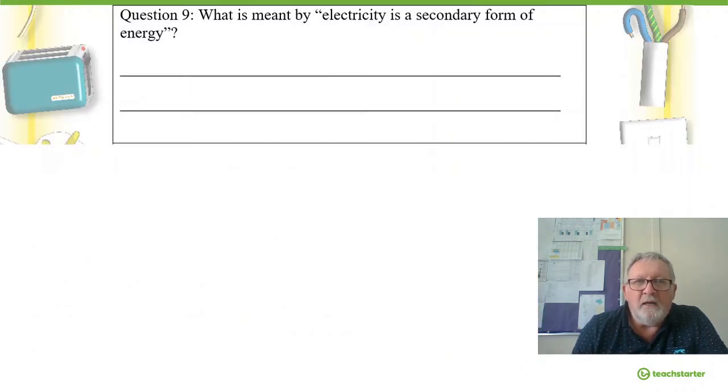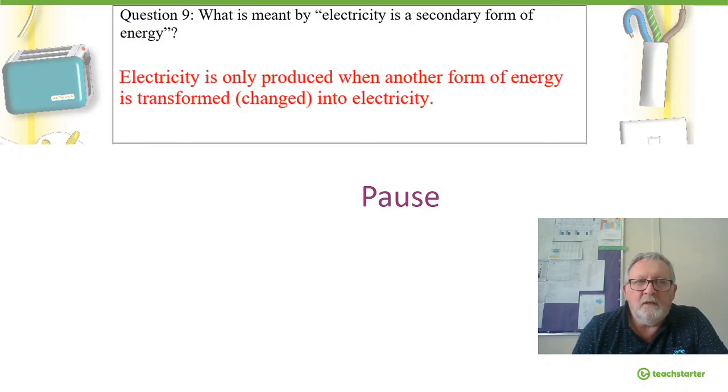All right, let's look at the question. What is meant by electricity is a secondary form of energy? Now that's a bit harder. So I hope you took note of what we said there and developed your understanding. Pause the video and have a go. Okay, let's see what you wrote and compare it to the answer I have.